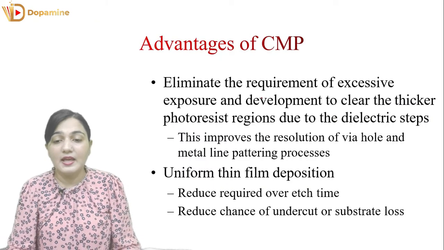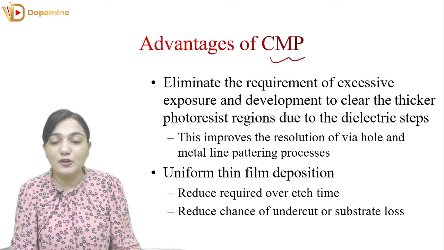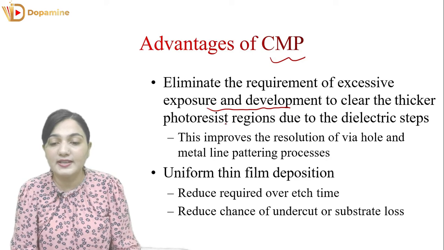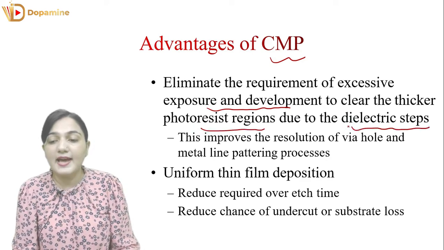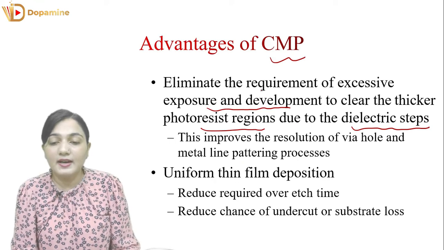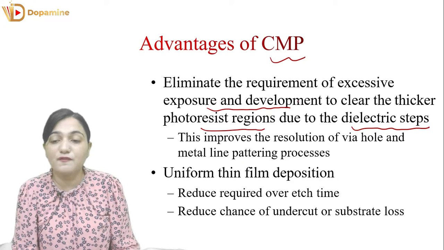The CMP eliminates the requirement of excessive exposure and development to clear the thicker photoresist region due to the dielectric steps. In the dielectric steps, we have the exposure step as well as the development step with the photoresist.